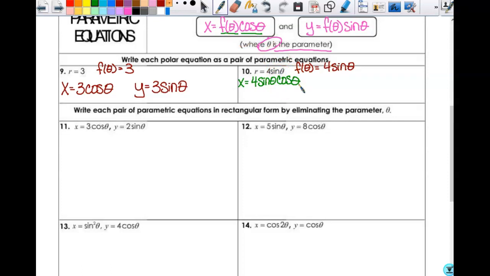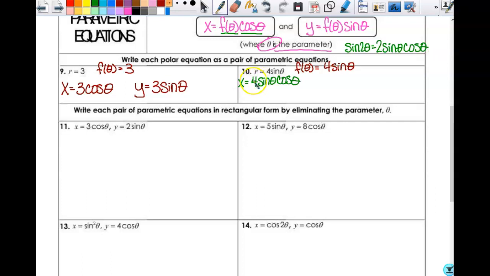Do we have anything on our chart where we multiply sine times cosine? The double angle. If you look down there at the double angles, you see sine of 2 theta? And it says on there that sine of 2 theta equals 2 sine theta cosine theta. So I can substitute 2 sine cosine theta for sine 2 theta.